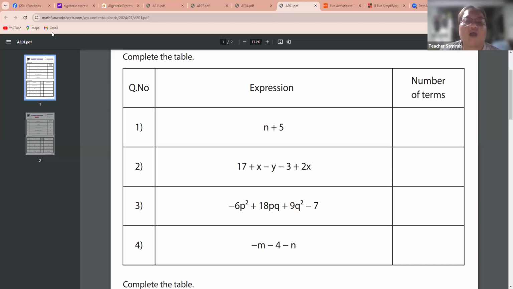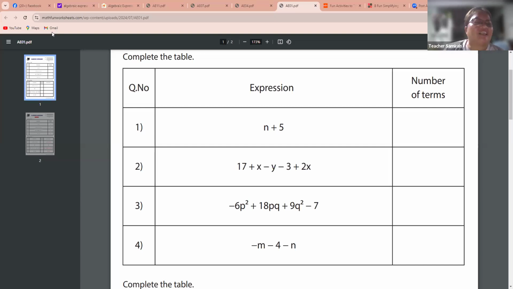How many terms can we see for question number 1? N plus 5. What is n? N is a variable. 5 is a constant. How many terms can you see?